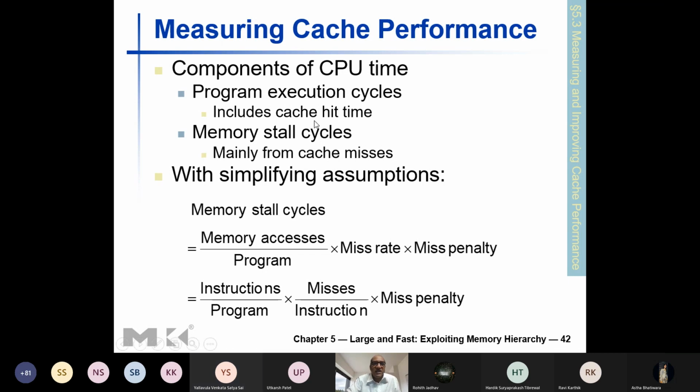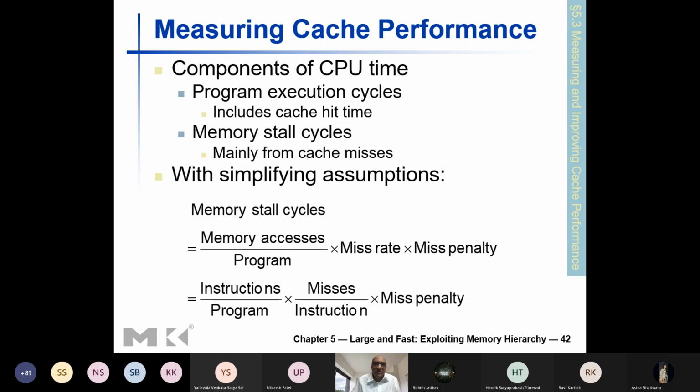And the problem is that if there is a miss, that means the CPU wants to fetch an instruction or data, and that instruction or data is not in the cache, then we realize the miss. So the data is not available in the cache, and we have to bring it from the lower hierarchy, that is, from the main memory.